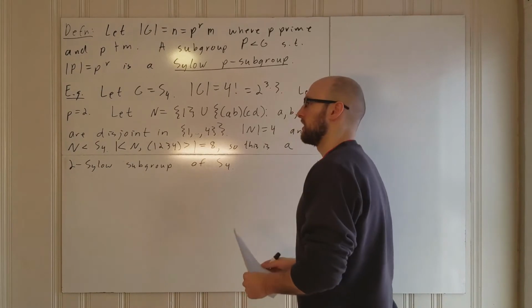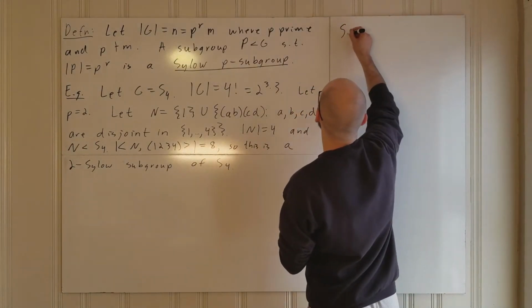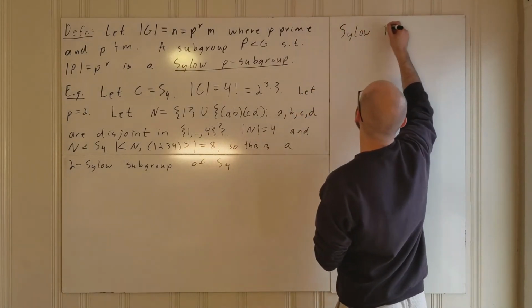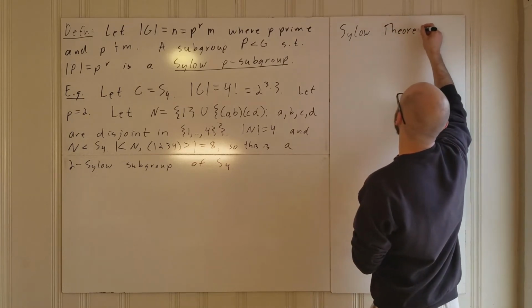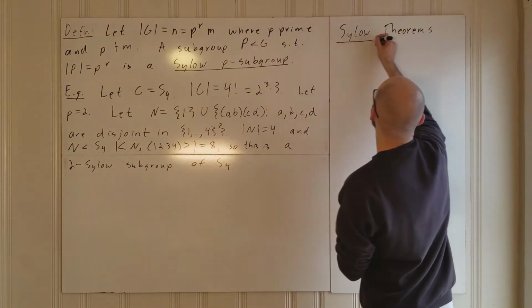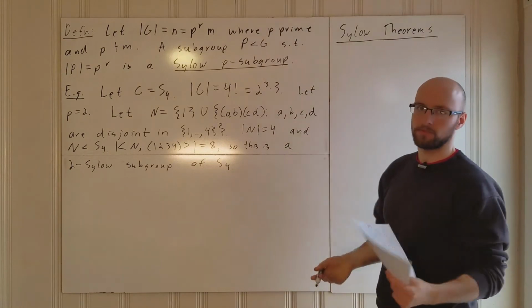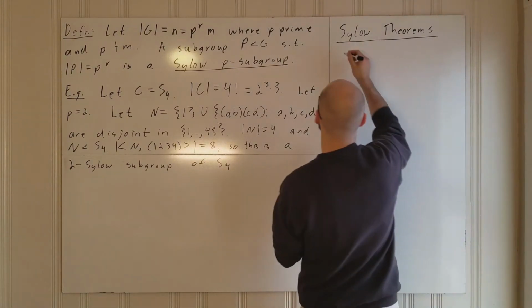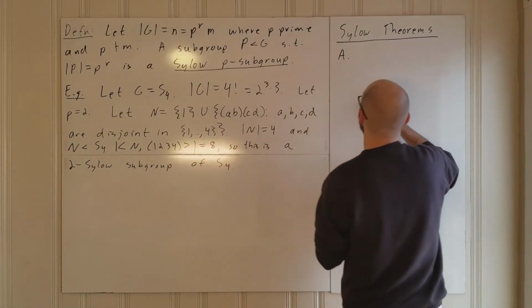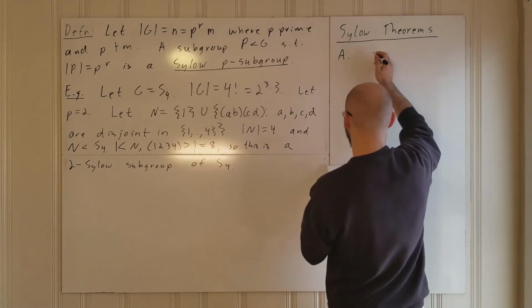All right, and so now we can state the Sylow theorems. And of course, there's a whole bunch of numbering systems for these, but we're going to adopt this one.